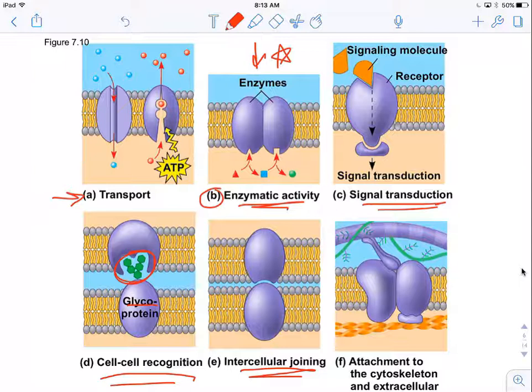Intercellular joining: these are like plasmodesmata, tight junctions, gap junctions that help cells stick together and not come flying apart, which is good for your organs. And attachment to the cytoskeleton. Cytoskeleton helps maintain the interior structure of the cell, and the extracellular matrix out here helps to keep the cells in place.